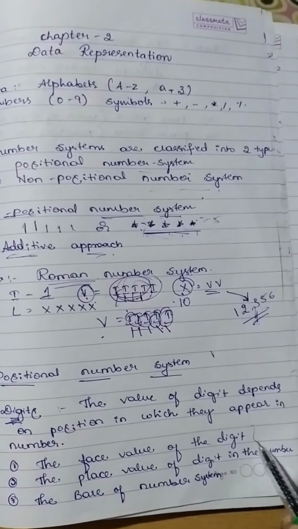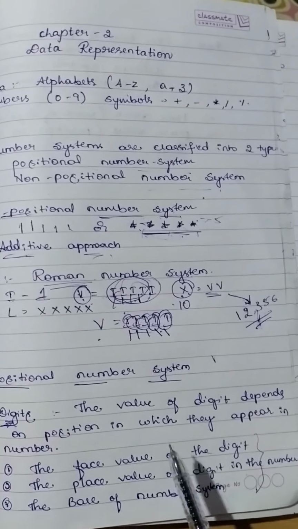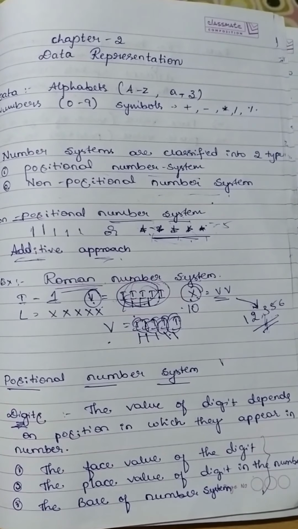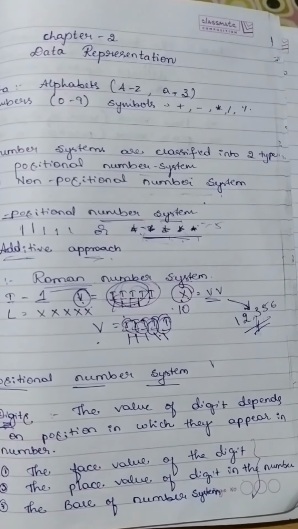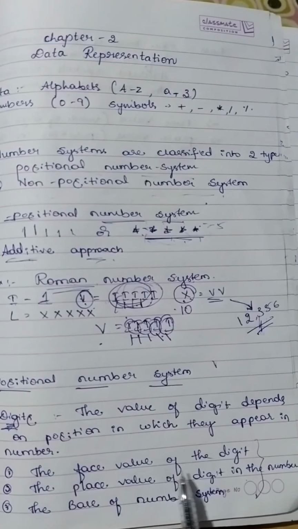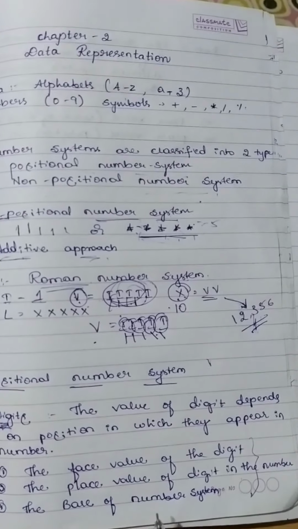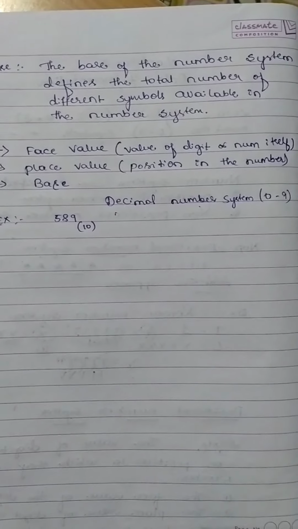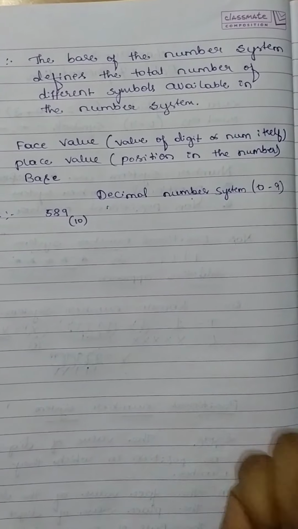These are the 3 necessary factors that we need to consider while representing data values with a positional number system. Now we'll see them one by one. So what were the 3 important factors? Face value, place value and base.